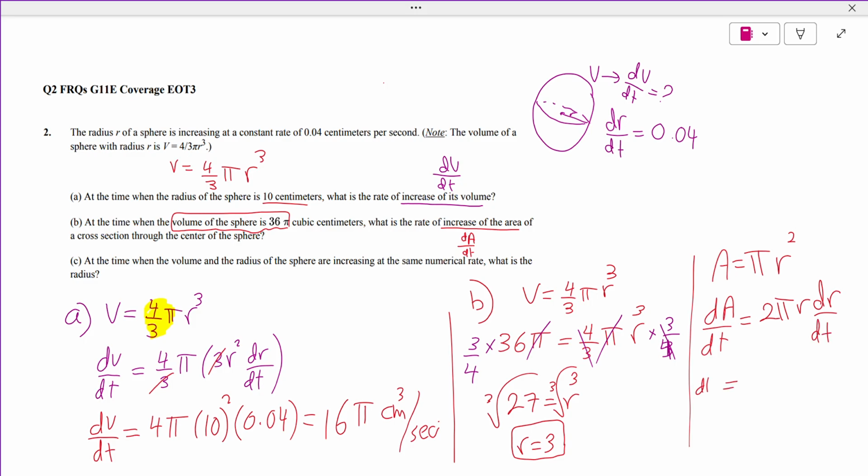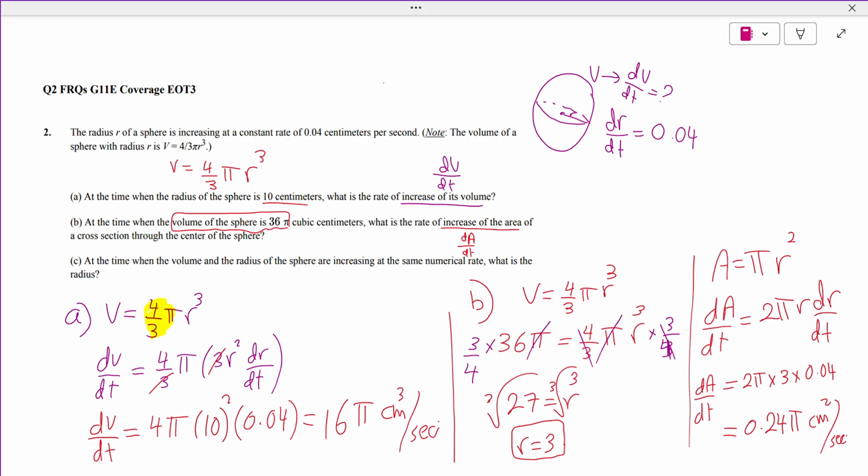This is dA over dt. It's equal to 2 pi times the radius we found, which is 3, times dr over dt, it's 0.04. It's given, right? So this is 0.24 pi. It's an area, so centimeter squared per second. Rate of change of an area. 0.24 pi centimeter squared per second.